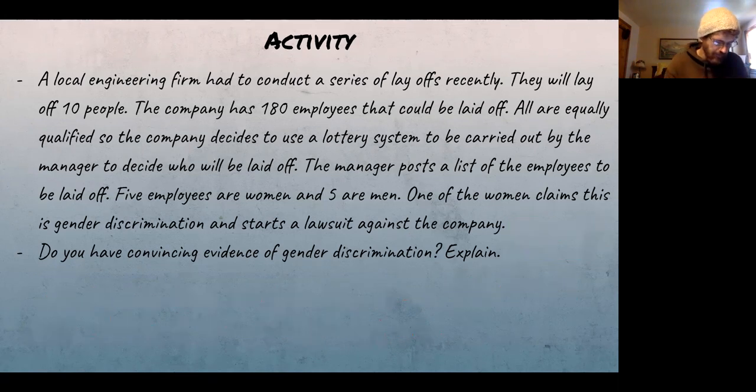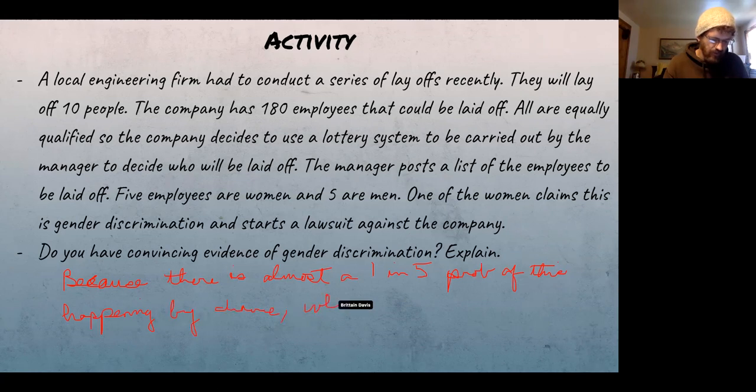So because there is almost a 1 in 5 probability of this happening by chance, I would say we don't have convincing evidence of gender discrimination.